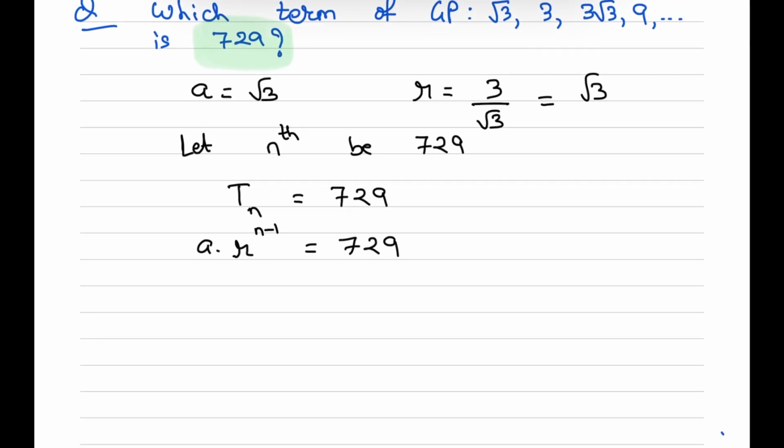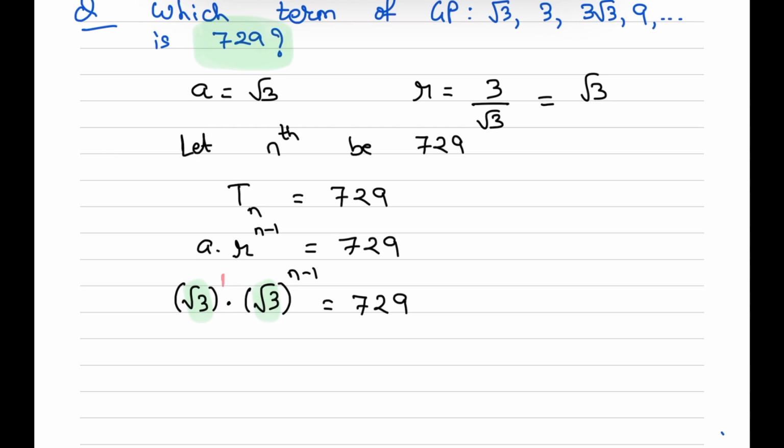So putting the values of a, square root 3 multiplied by square root 3 raised to n minus 1 equals 729. Like the previous question, when the same bases are in multiplication, we add the powers. We have square root 3 raised to 1 multiplied by square root 3 raised to n minus 1.